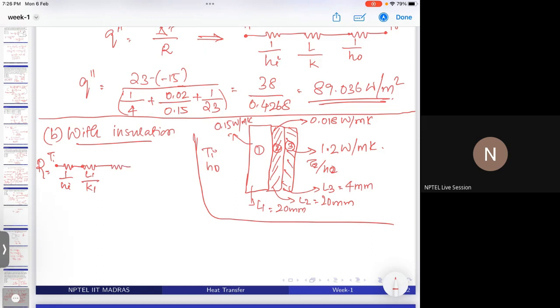Then again a conduction resistance of the insulation, L2 by K2. Then again a conduction resistance of glass, L3 by K3. Then we have a convection resistance of 1 by Ho.